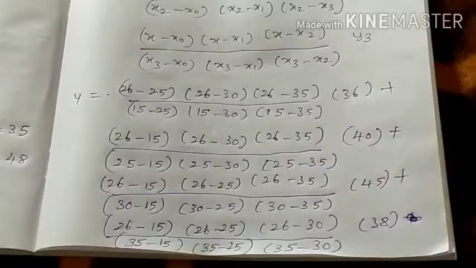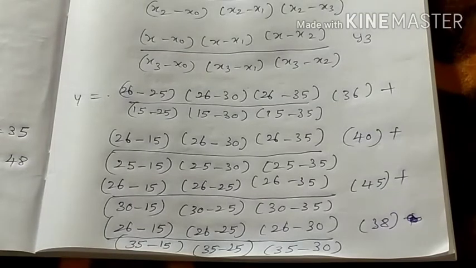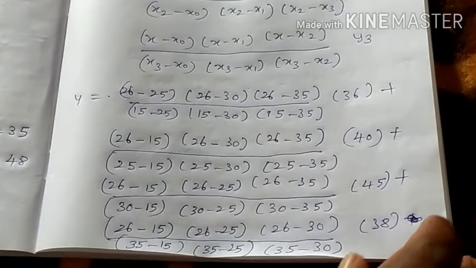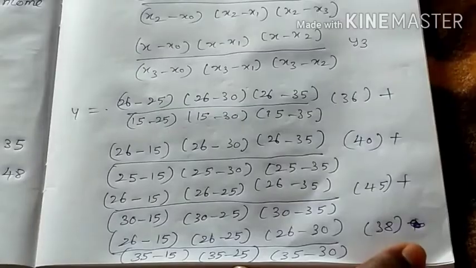Y is equal to 1296 divided by the denominator value: 15 minus 25, 15 minus 30, 15 minus 35, equal to minus 3000.